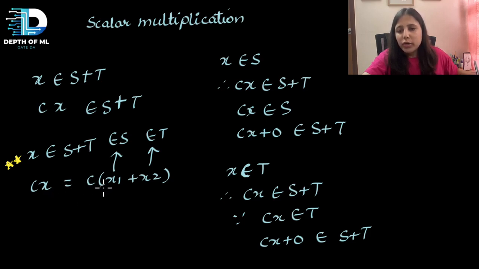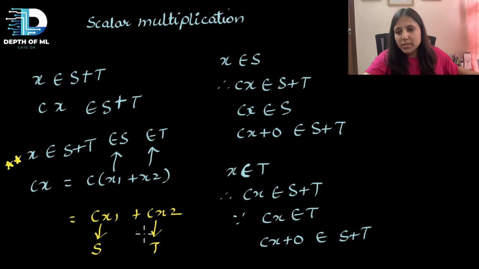So for that, I'll break down this x. x is coming from two vectors, one present in S and one present in T. Now this is nothing but Cx1 plus Cx2. Now Cx1 is present in S and Cx2 is present in T. Why? Because S and T were closed under multiplication.